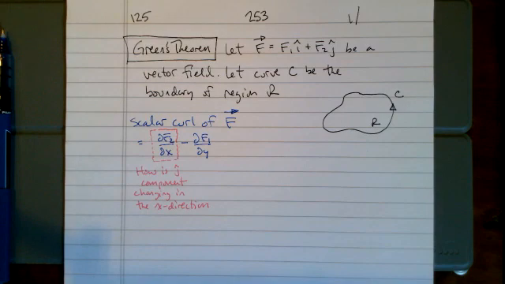And then moving over to the other term, partial of F1 with respect to Y, how is the I component changing in the Y direction?